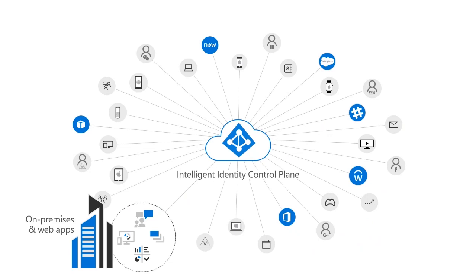And the only way to get control over this new, super spread-out landscape is identity, because that's the common ground we can use as a control plane.